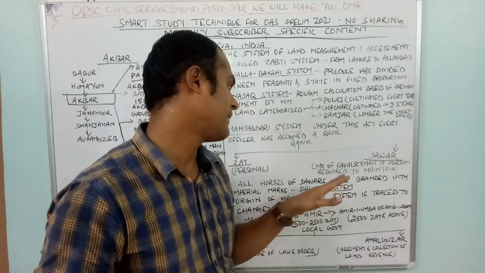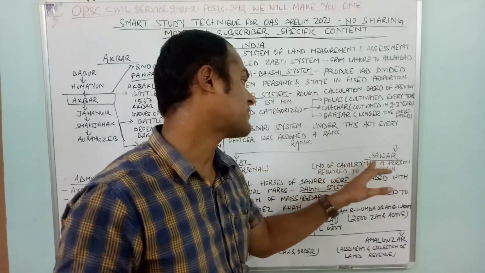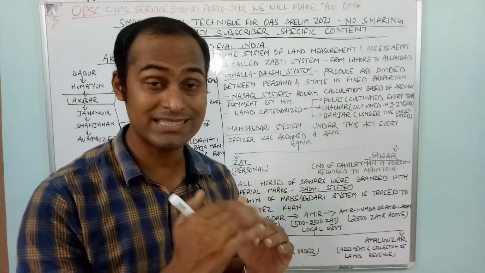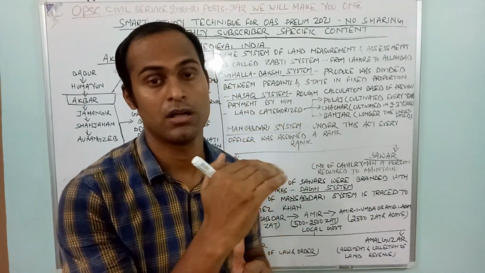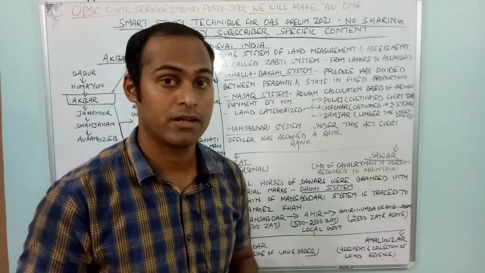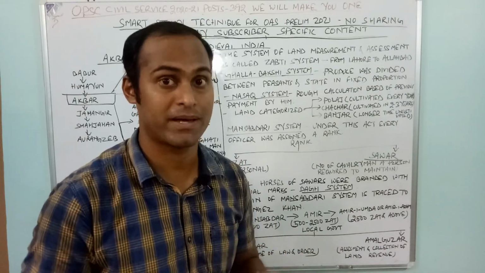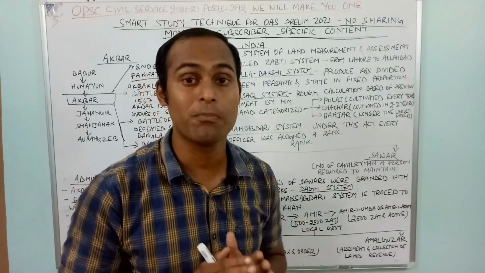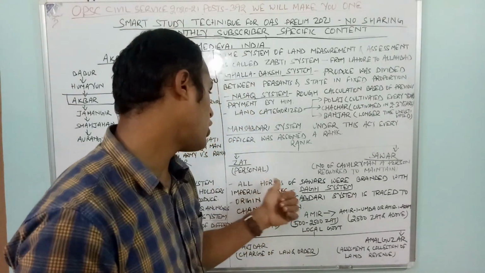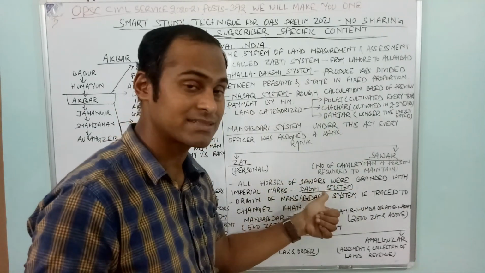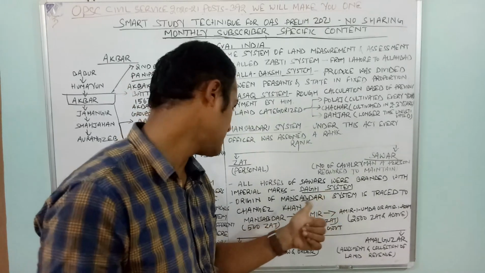Savar is the number of cavalrymen a person was required to maintain, a little higher than Jat. All horses of Savars were branded with an imperial mark, that is the Dag system, very important.